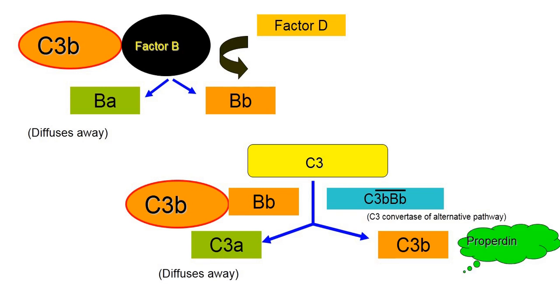This C3b that remains will not act till it is stabilized by properdin. Very important MCQ question: which molecule stabilizes C3b? C3b formation is an amplification step. So many molecules of C3b are formed, but if there is no pathogen, this C3b will be degraded. If C3b deposits on the surface of a pathogen, properdin will stabilize C3b so that it can go for long action.